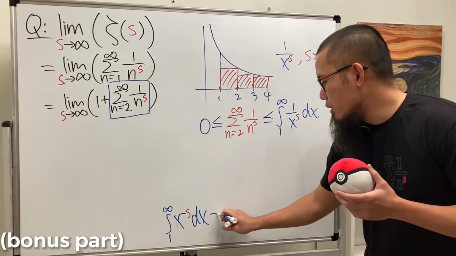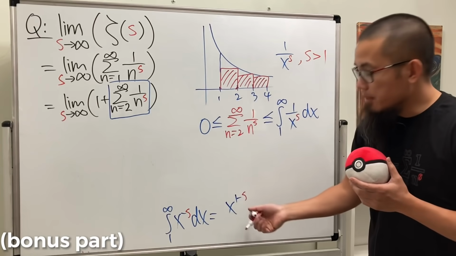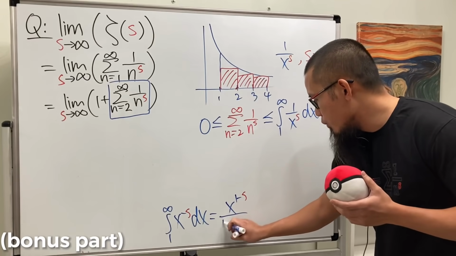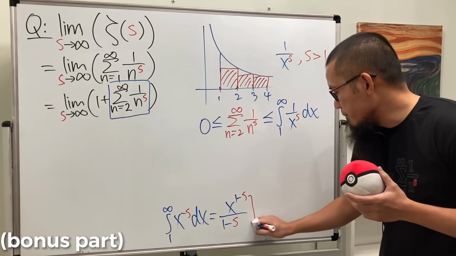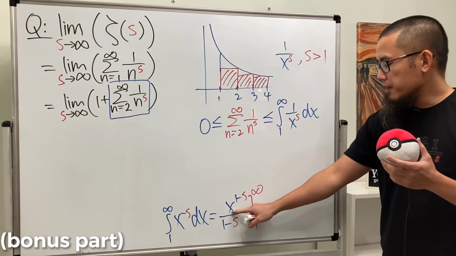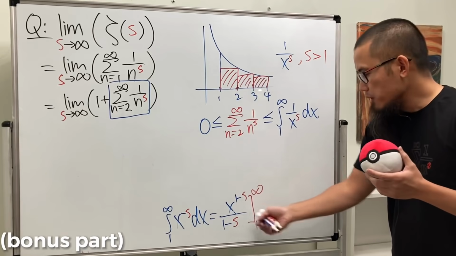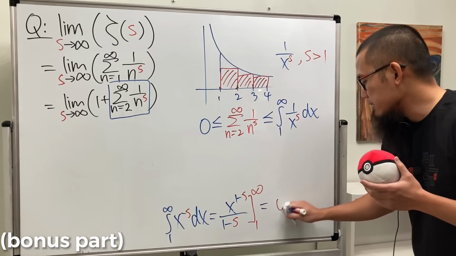Add 1 to the power, we get x to the 1 minus s, divided by the new power, so we have over 1 minus s. And then plug in. When we put infinity in here, we get infinity to a negative power because s is bigger than 1. So the first term is 0. That's nice.